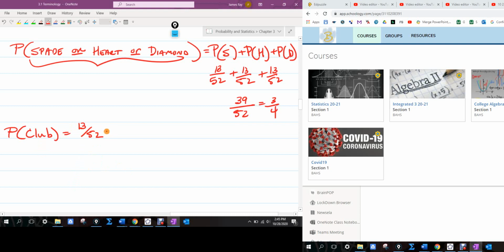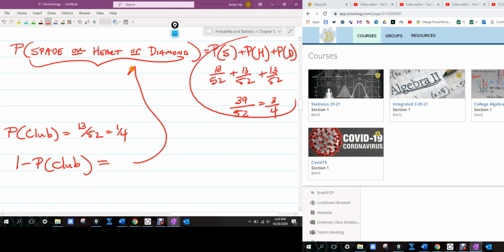or 1/4. Okay. So could I, rather than doing all of this work here, could I have just said 1 minus the probability of getting a club is the exact same thing as the probability of getting a spade or a heart or a diamond? You see that the calculation there is simpler?